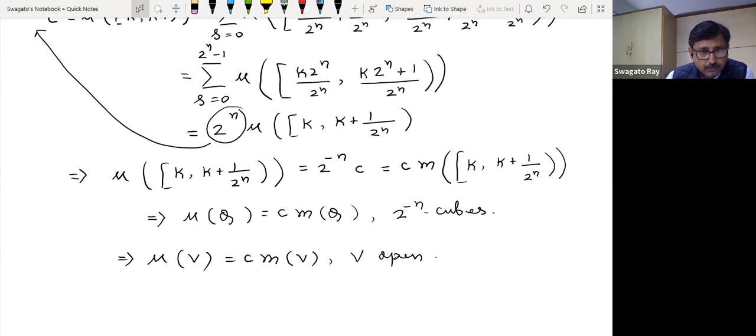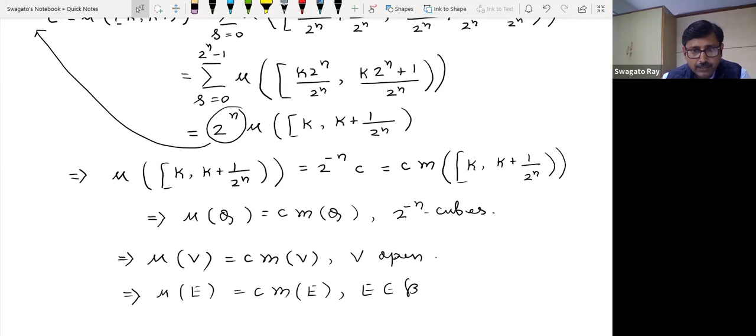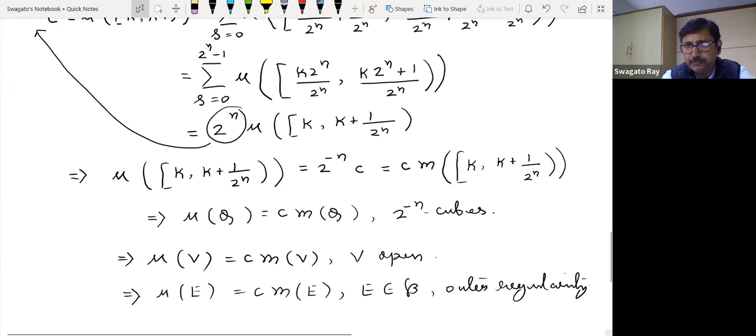Okay, so this then implies that measure of E is equal to some constant times measure of E for all E belonging to the Borel sigma algebra by outer regularity. And this is exactly what we wanted to prove. Okay, agreed. Any problem?